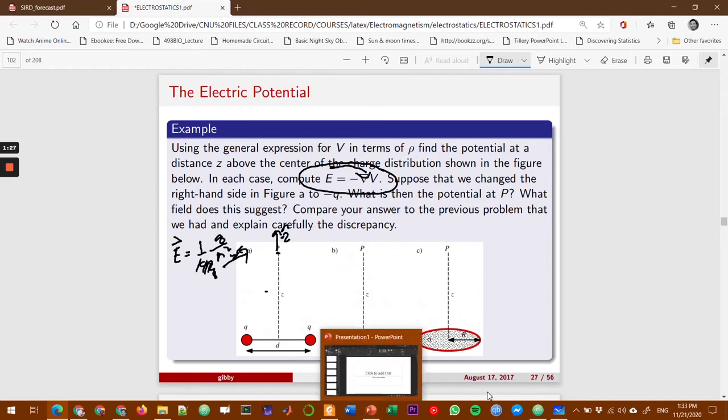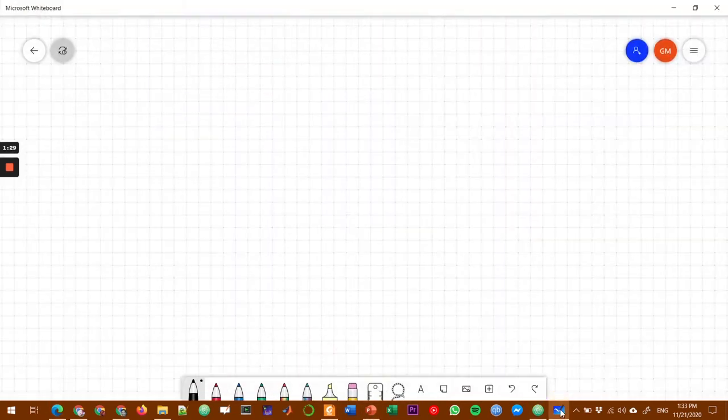Okay, let's try to calculate the potential first, given this problem. Technically we have charge Q on opposite ends.